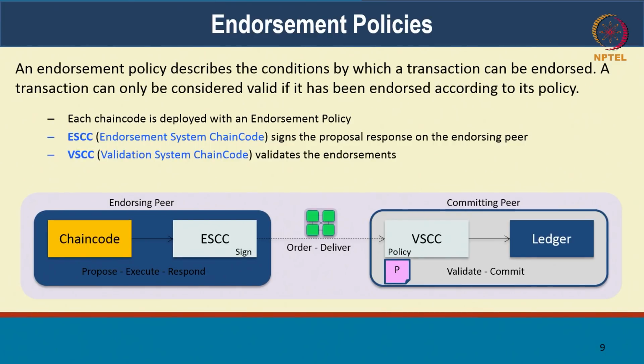We are following what is popularly called the state-based model. So the validation is based on state information that we are storing as part of the ledger. And one part of the validation is the validation of the endorsement policy. This is different from what Bitcoin has, and is very specific to Hyperledger Fabric, and it's also one of the differentiators of Hyperledger Fabric.